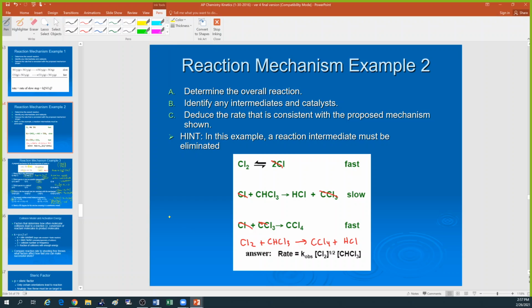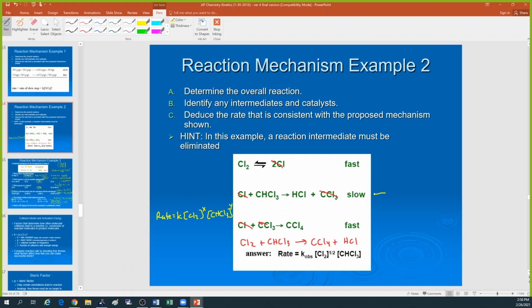Okay, here's my overall reaction. So my rate law is going to be some constant times the concentration of chlorine to the X, the concentration of this thing to the Y. And then I would have experimental data to deduce it from. But we're not going to use experimental data. We're going to use this mechanism to figure it out. So let's see what happens.